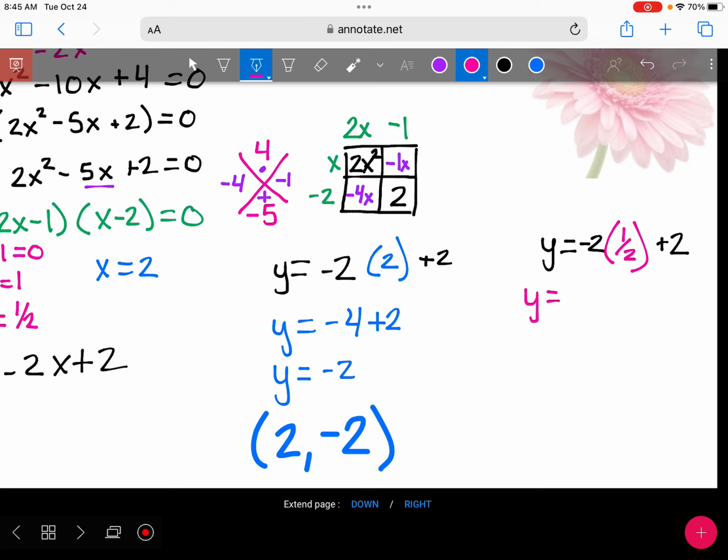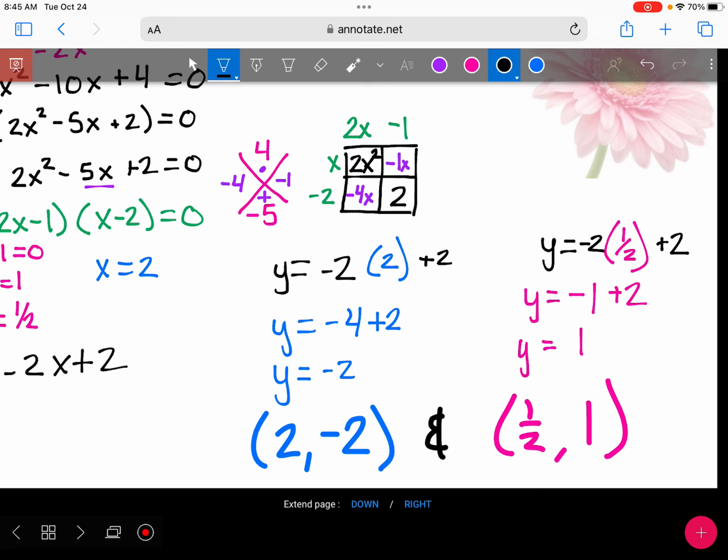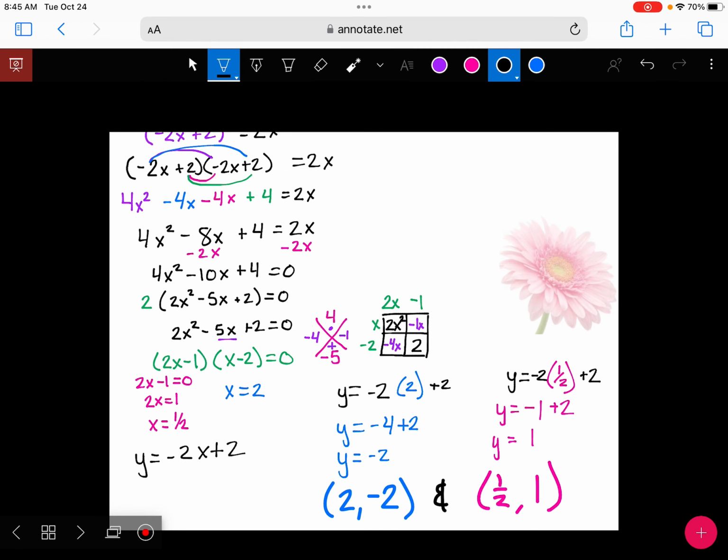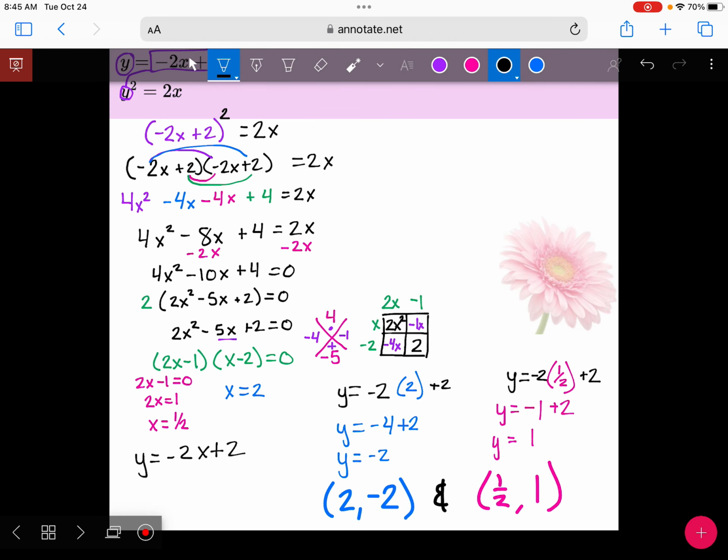Y equals, what is negative 2 times 1/2? Negative 1. When in doubt, use your calculator. Negative 1 plus 2 is 1. So our other point here is 1/2, comma 1. That one is definitely the grossest of all the ones that we have to do.